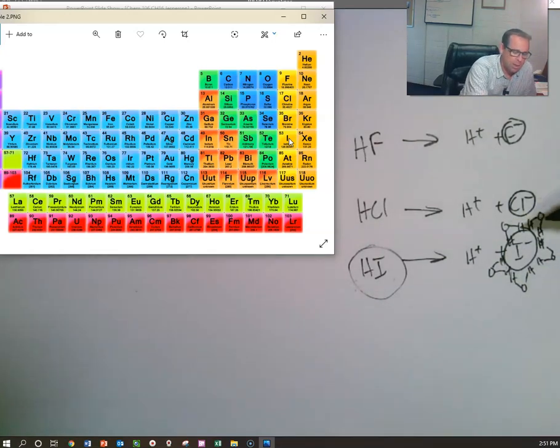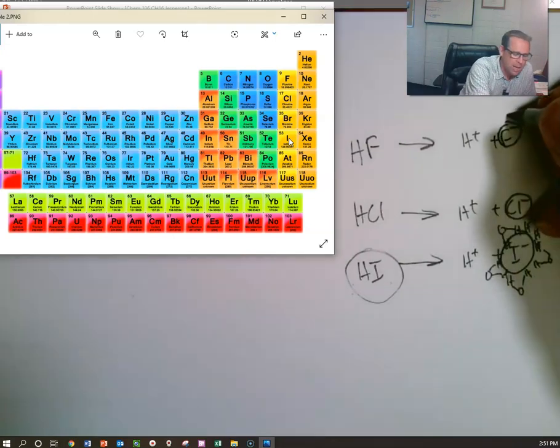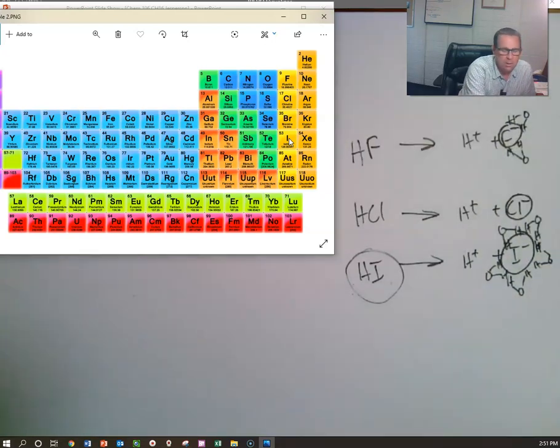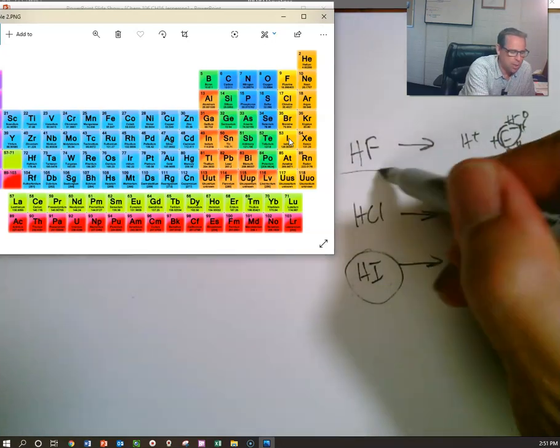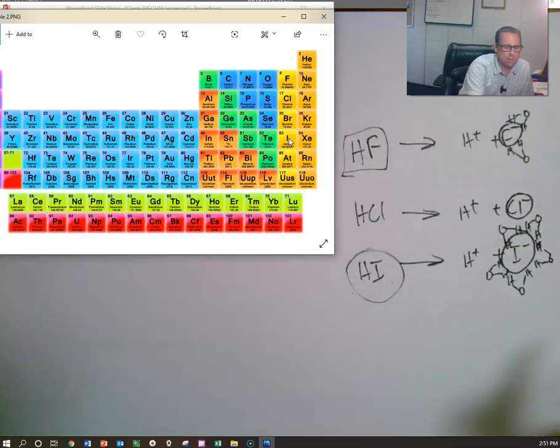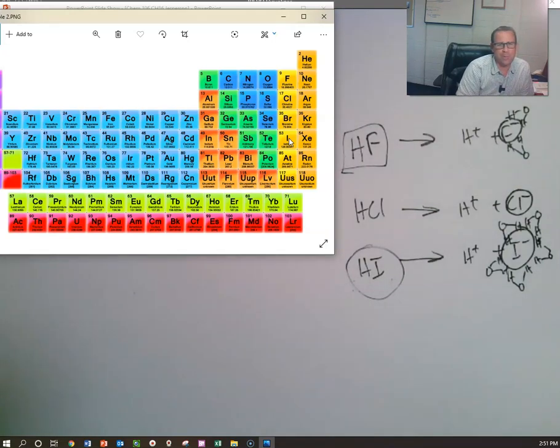All right? As you get smaller here, the fluoride ion is so small, you can't get enough water molecules around it to give enough stability. And so it's the least stable, and therefore HF is the weakest of these acids here. All right?